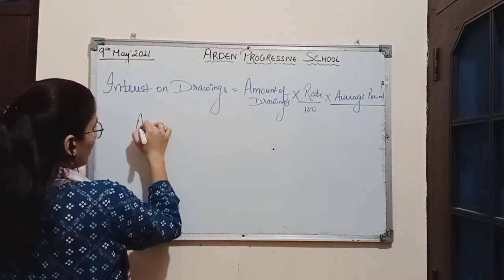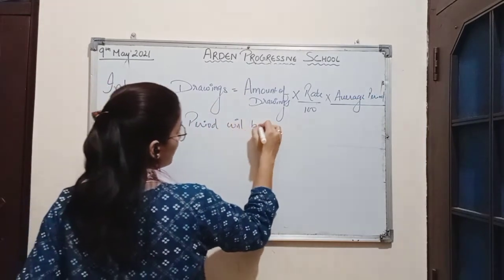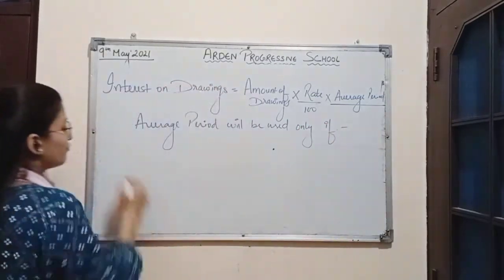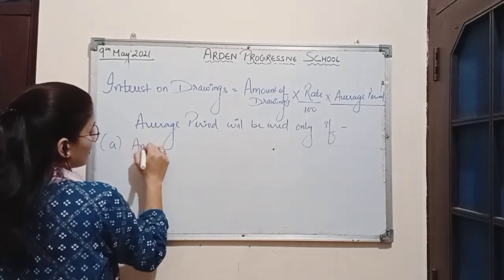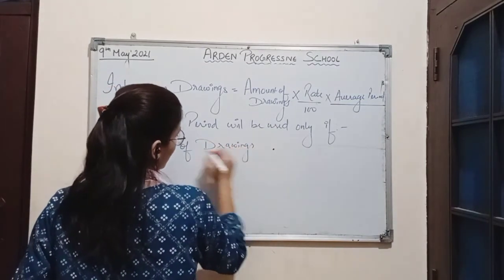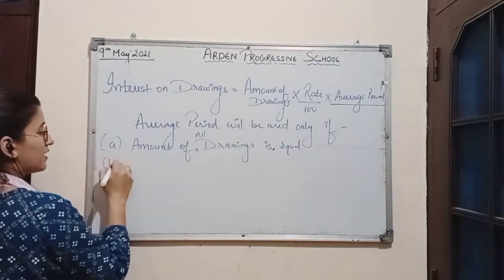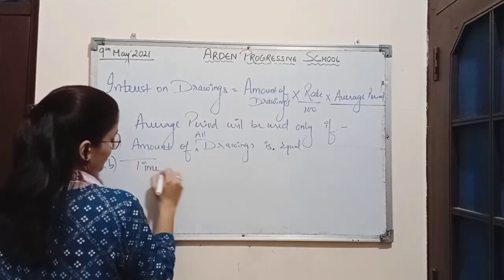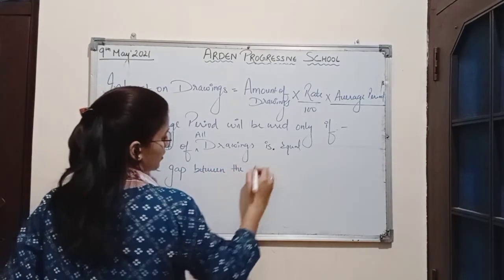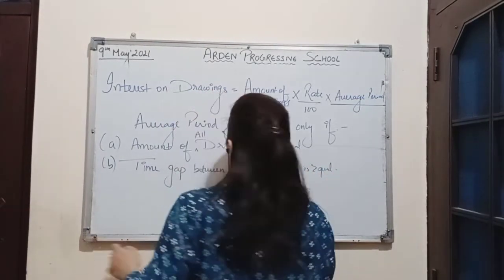Now, the average period will be used only if, first, the amount of drawings is equal, and second, the time gap between the drawings is equal.